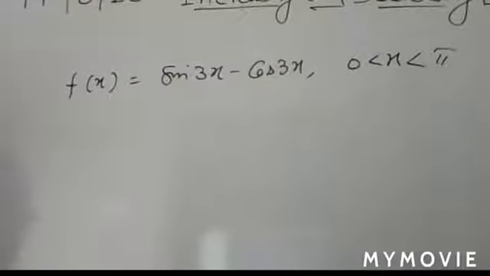Means here you have to find the interval in which the function is strictly increasing or strictly decreasing. And here you also apply the same concept for getting your interval.